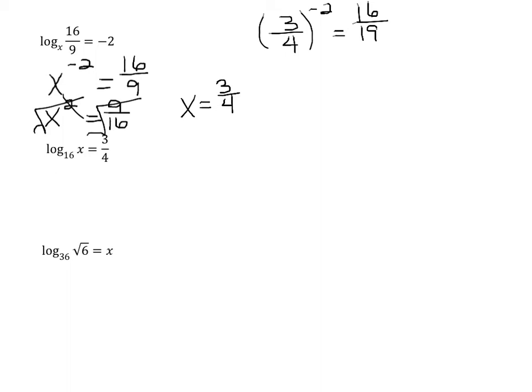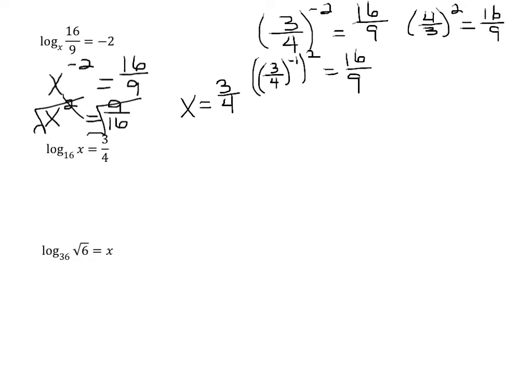Well, 3/4 to the negative 1, squared, would then be 16/9. It should not say 19ths right there. 3/4 to the negative 1 is 4/3. And it does work.